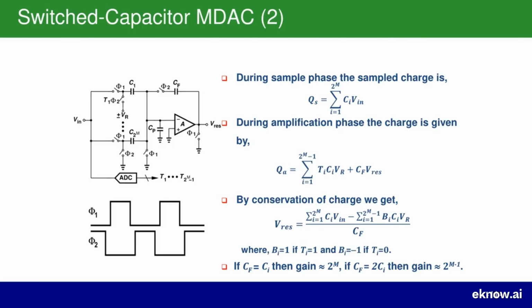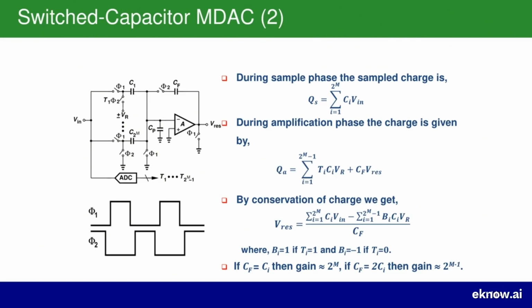Second, the feedback capacitor CF is now connected around the op-amp, and it holds a charge determined by the output residue voltage, VRES. So, as the second formula shows, QA is the sum of the charge from the reference voltages plus the charge on the feedback capacitor. The magic happens because the inverting input of the op-amp is an isolated node.